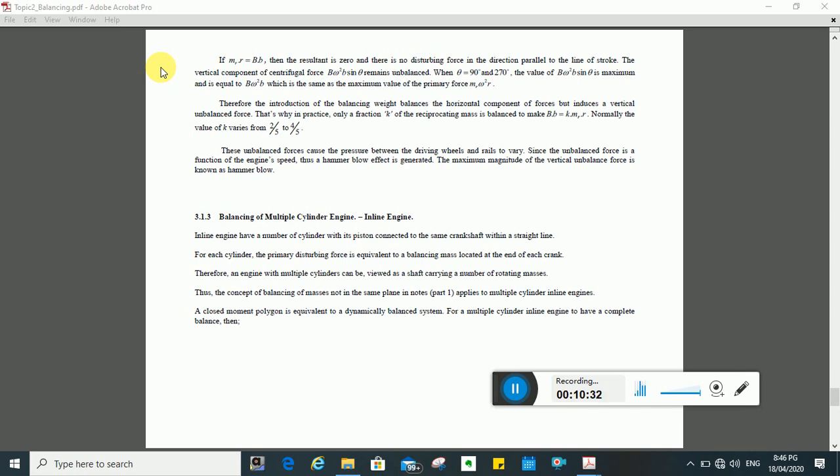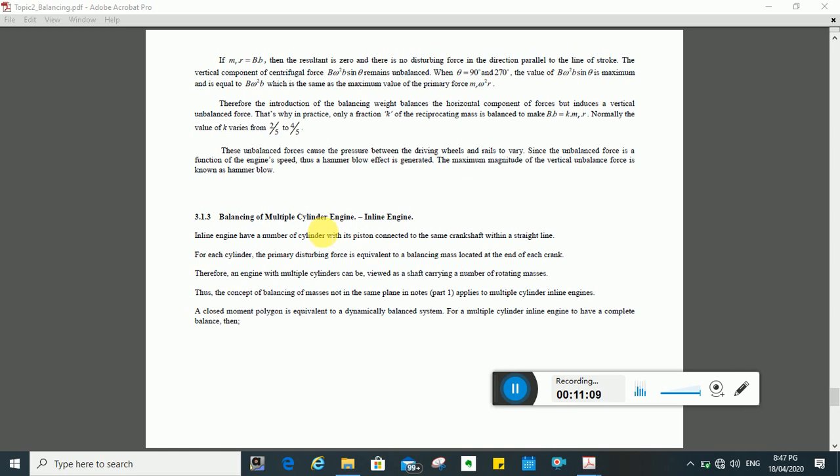So that's why in practice we put a fraction K of the reciprocating mass to be balanced, B times b equals K constant times M times R, and normally the value of K varies from 2/5 to 4/5.